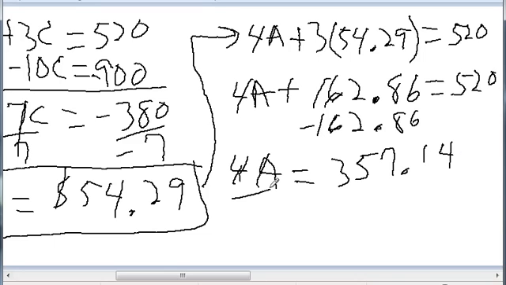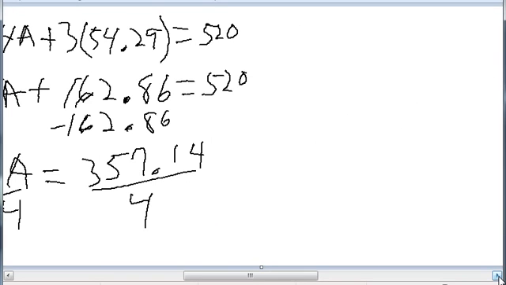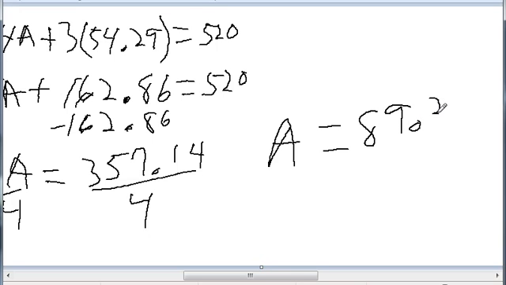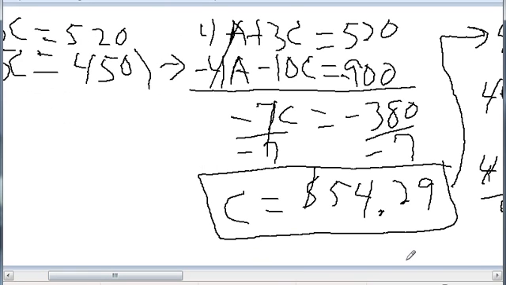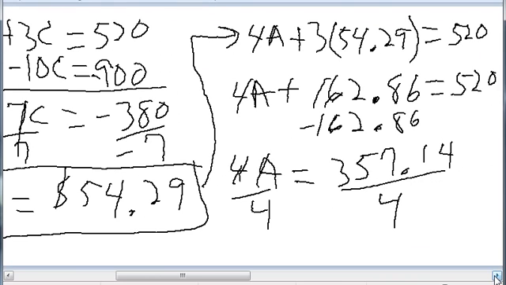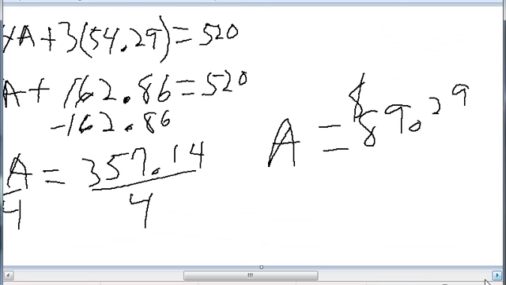Then divide off the 4 on both sides. So once we divide off the 4, that tells us that a is going to be equal to $89.29. So that's the cost of an adult ticket, and we found that the cost of a child ticket was $54.29. So now we know the cost of each ticket.